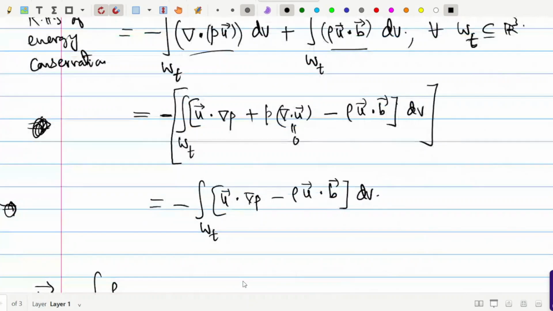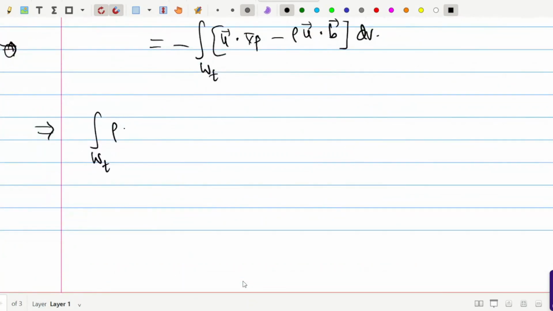Rho into U bar dot, this is your dou U bar by dou T plus U bar dot grad U bar, U dot grad acting on U bar. Okay, so that's what we wrote here. So this one, finally dot product, right? So that is same as this only.